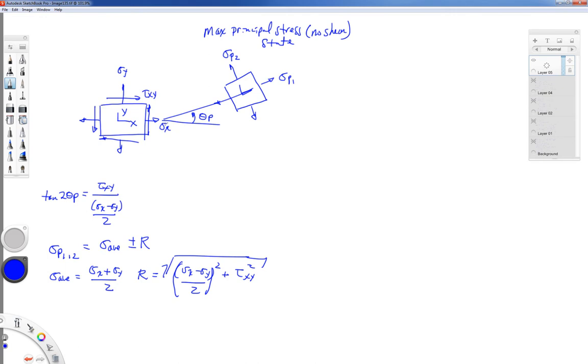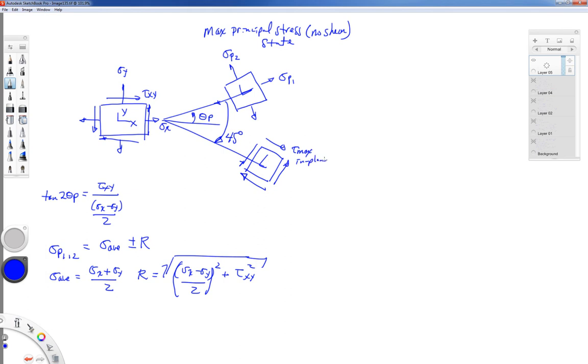So let me draw it this way. I can go either way. From that axis to here being 45 degrees, my maximum shearing stress state will have shearing stresses on it, and these arrows could point in this direction or they could all point in the opposite direction. I can't tell right now unless I have the numbers.